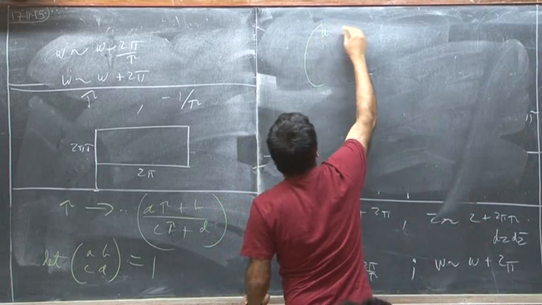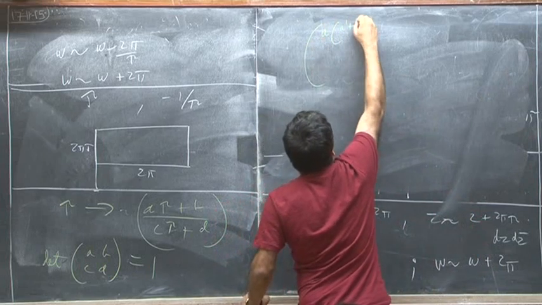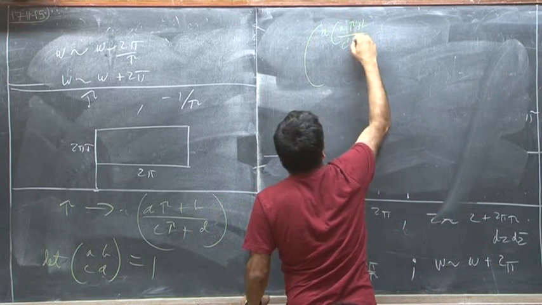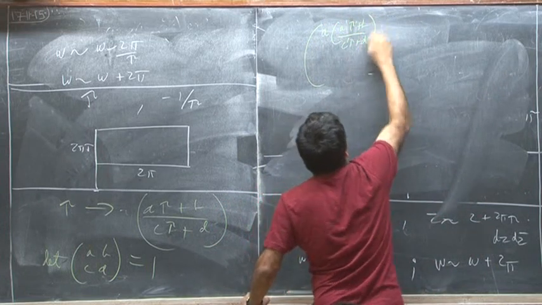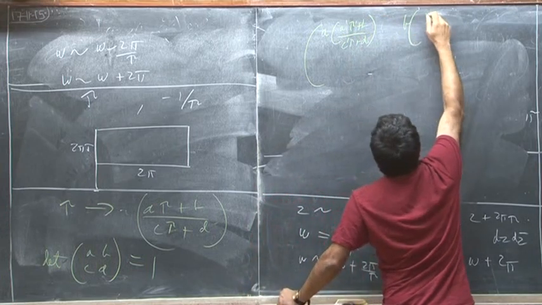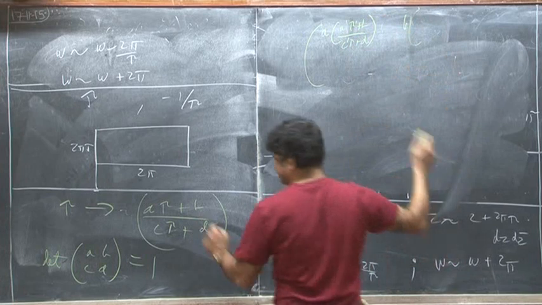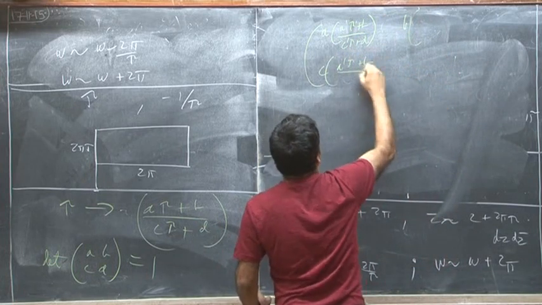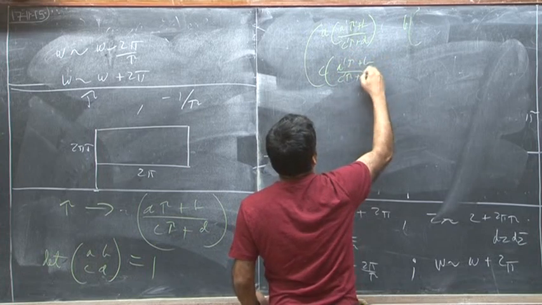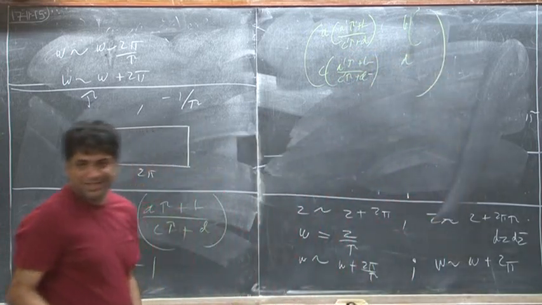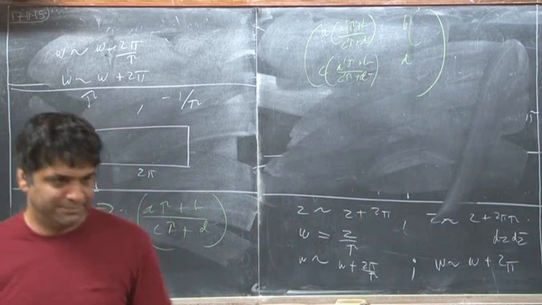So we have A times (A prime tau plus B prime) over (C prime tau plus D prime), and B into nothing. C into (A prime tau plus B prime) over (C prime tau plus D prime), and D into nothing. That's what the compounding is doing.